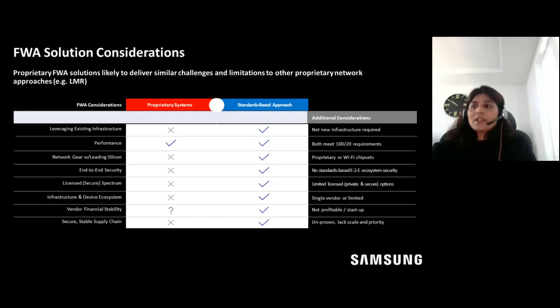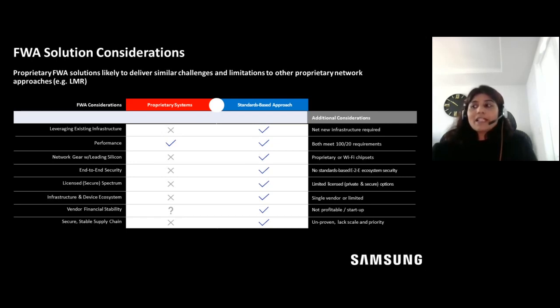For example, with a standard-based solution, an already deployed core network or baseband can be reused across multiple radios, while proprietary solutions are always going to be a new infra requirement.